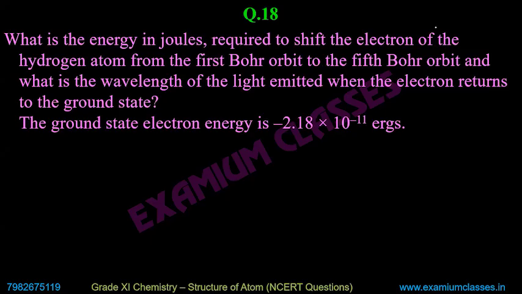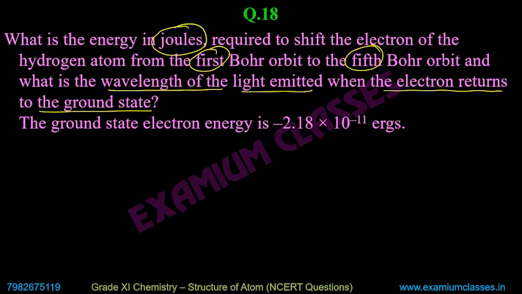Next question: what is the energy in joules required to shift the electron of the hydrogen atom from first Bohr orbit to fifth Bohr orbit, and what is the wavelength of the light emitted when the electron returns to the ground state. Now, the first one you have done again and again, from 1 to 5th.